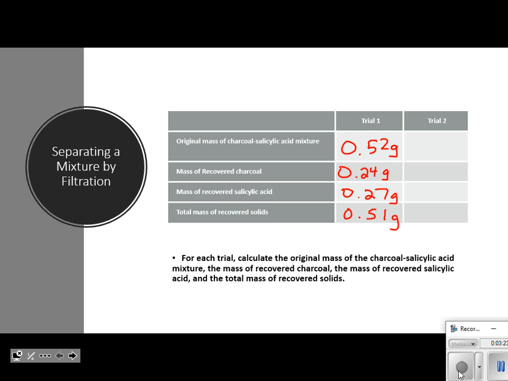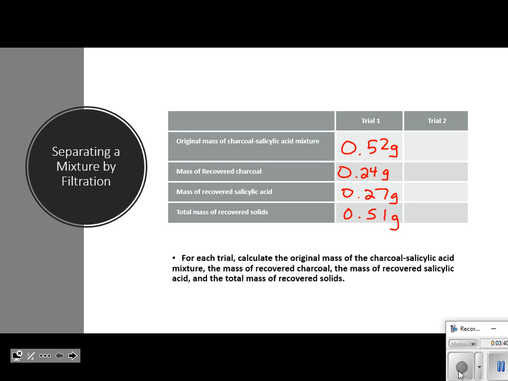Now, does that make sense? It looks to me like I'm only 0.01 grams off. So I would think that that would be okay, because I recovered almost all of the mixture that I started with.